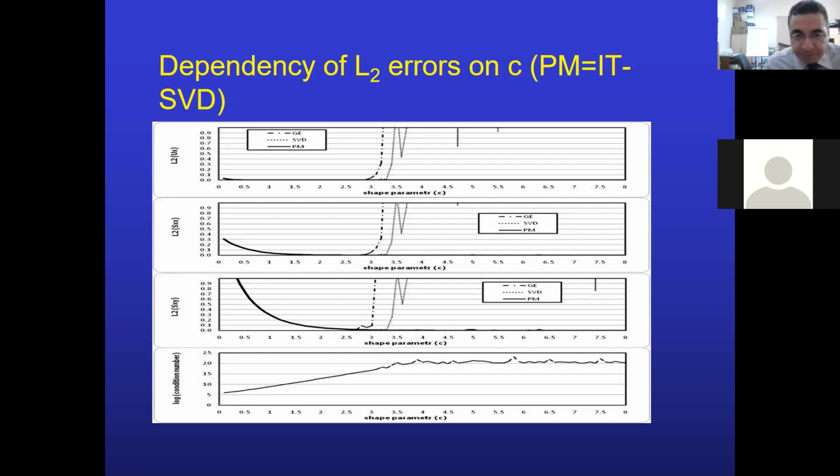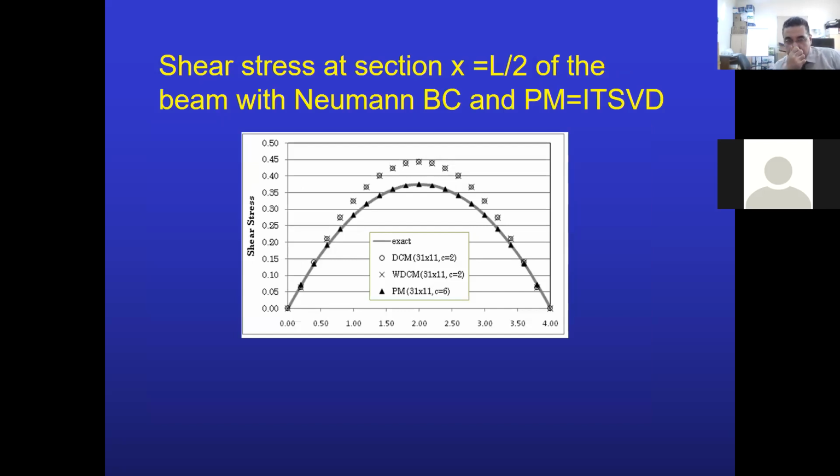You can see here with different solvers, Gaussian elimination, singular value decomposition, that we get very good improvements in the errors in things like shear stress and displacements. Next slide.